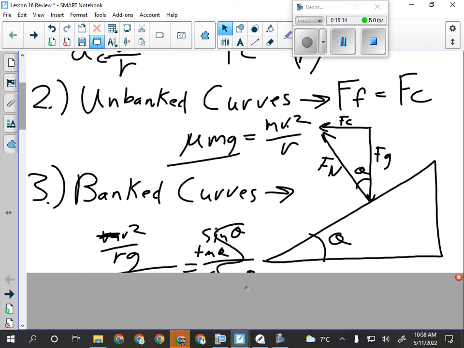Now, in reality, do banked curves still rely on friction? They do, but they don't have to. That's why they generally have a yellow speed sign, because yellow means recommended. White means it's the law, it's the limit. Yellow means it's recommended.